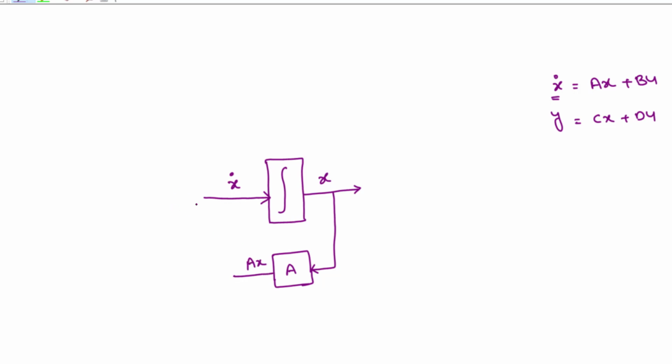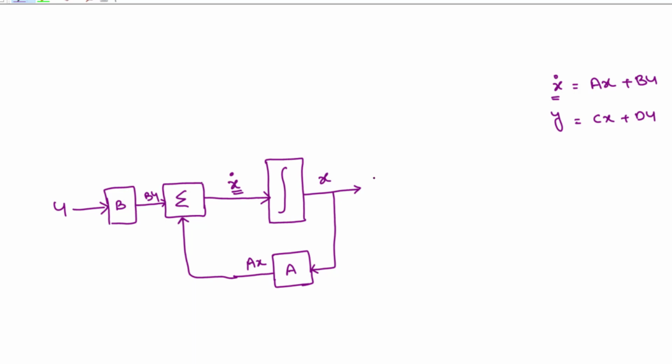Now you want to add this to x dot, so I will put a summation block here. This Ax I want to add to a certain input. U is the input, and I give this u to matrix B, so the output is Bu. Now you observe, x dot is equal to ax plus bu.